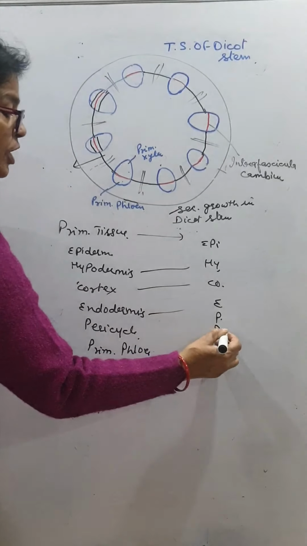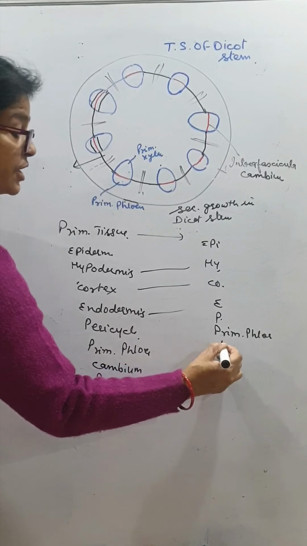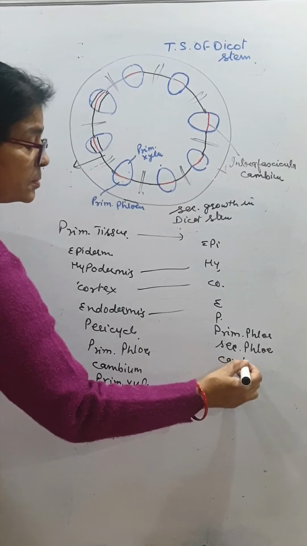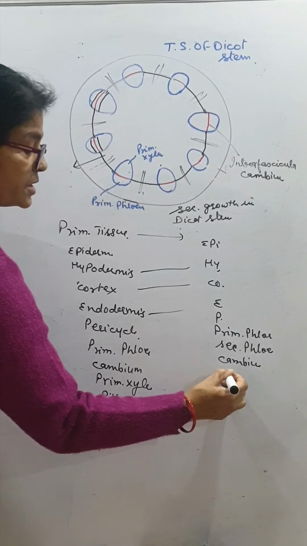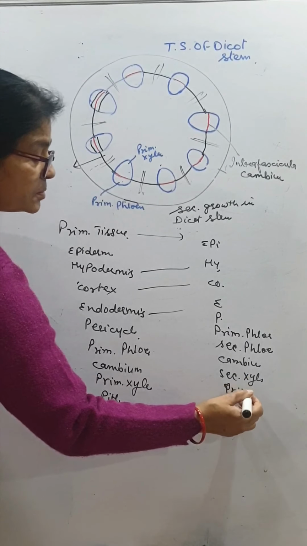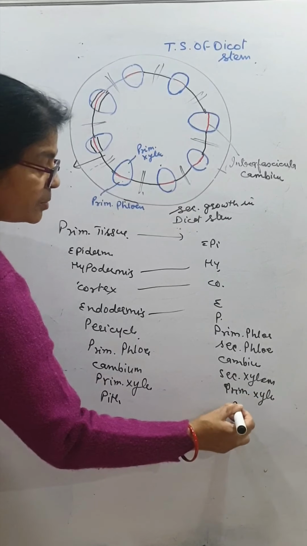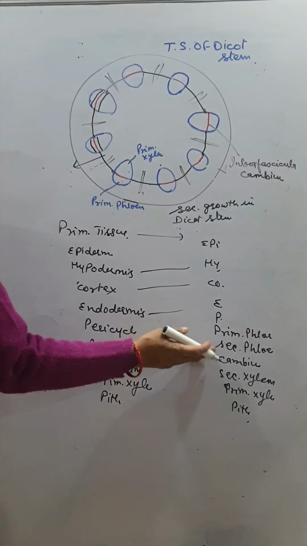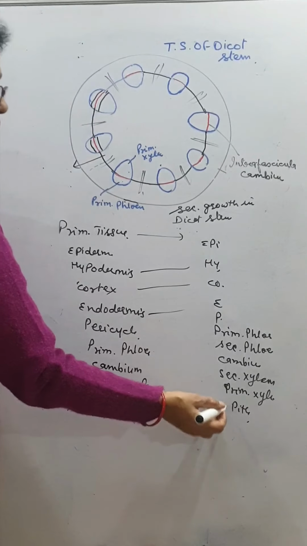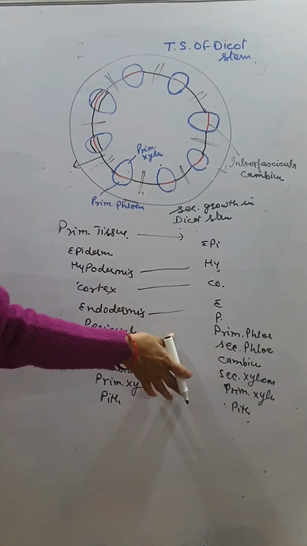Now the primary phloem remains as such, then the secondary phloem, then cambium, secondary xylem, primary xylem, and pith. The secondary xylem is pushed inside, so the pith size is reduced. So this is the activity of the vascular cambium.